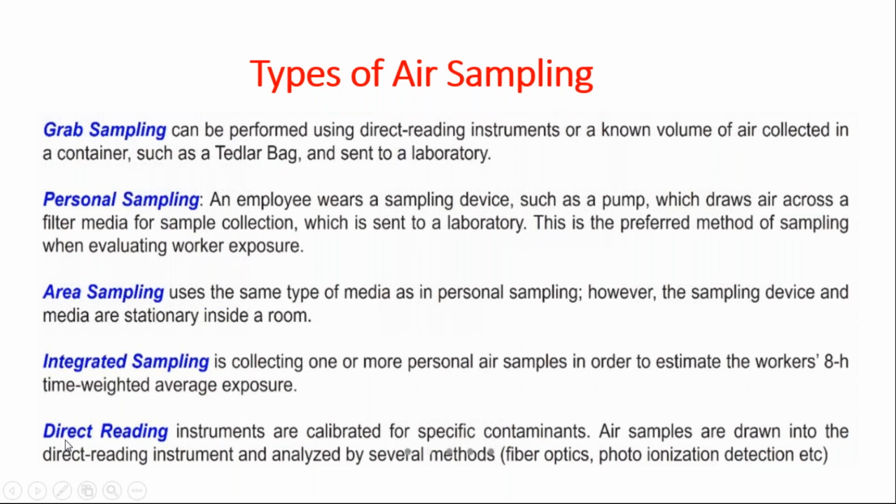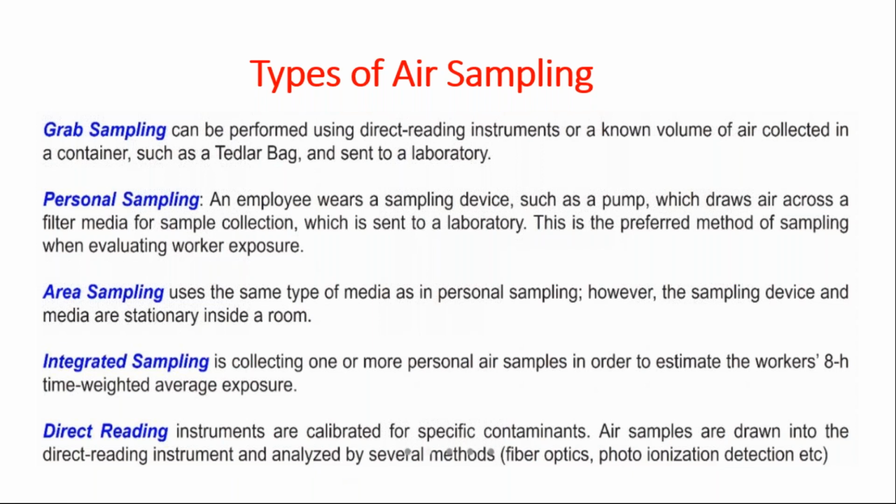And the last is direct reading instruments. Direct reading instruments are calibrated for a specific contaminant. For example, we cannot take a reading of all contaminants, we cannot take a sample of every contaminant. The most common example is a multimeter.